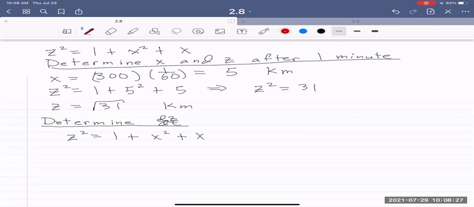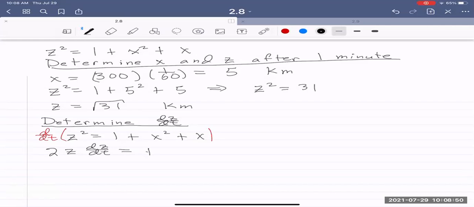And let's take the derivative. So differentiate. And so this is equal to 2z dz/dt. Derivative of 1 is 0.